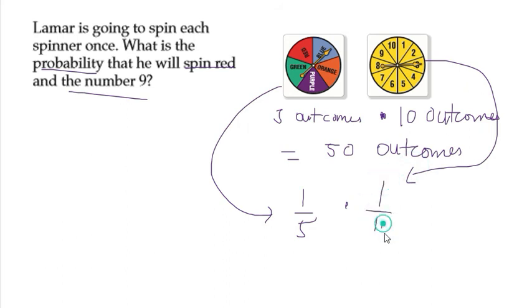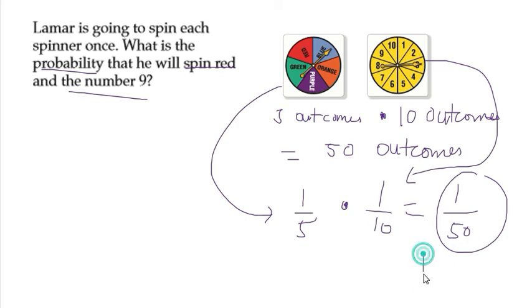It is just 1 out of 10. Multiply them. We have 1 times 1 is 1, and then 5 times 10 is 50. So therefore, the probability of getting red and the number 9 is 1 out of 50. Okay, probability.